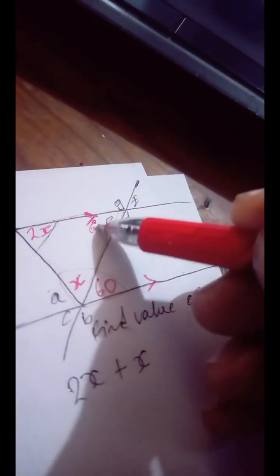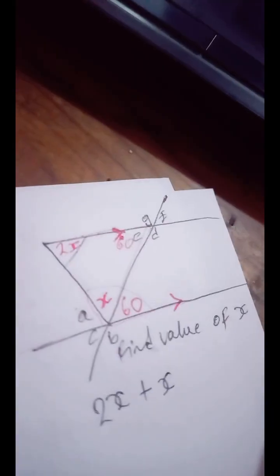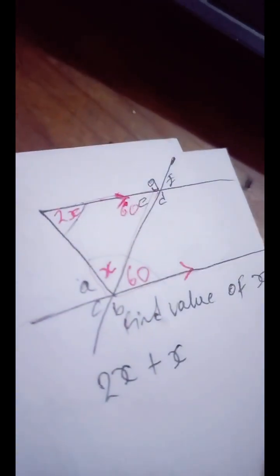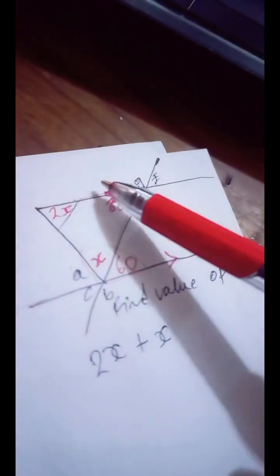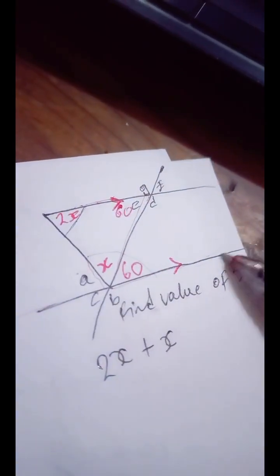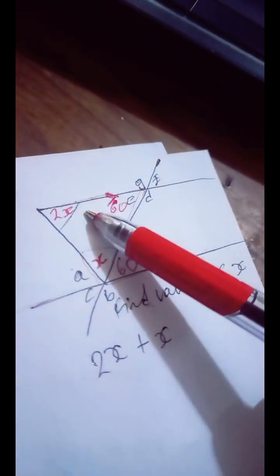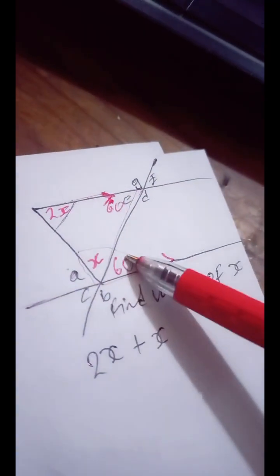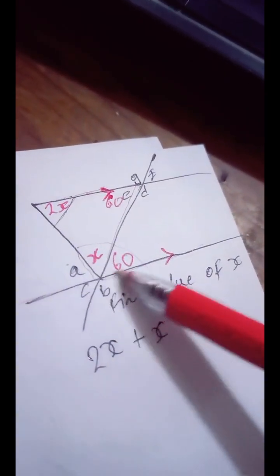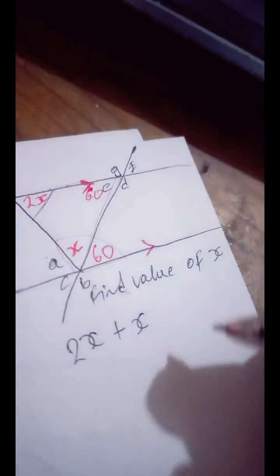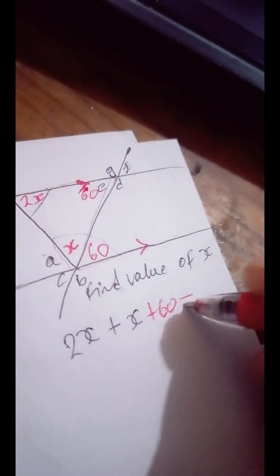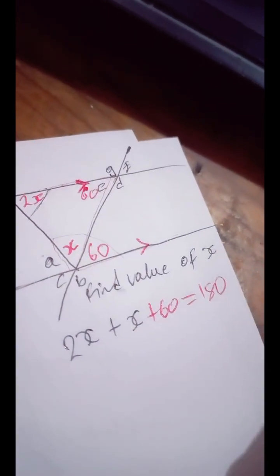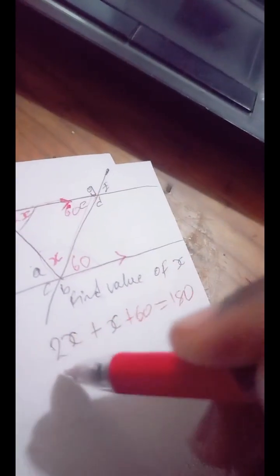So E is 60, alternate angles, right? So here this is giving a U, right? So 2x plus x plus 60. These are two angles, but they are creating one big angle, which is 2x plus x plus 60 is equal to what? 180. Co-interior angles, that's the reason.